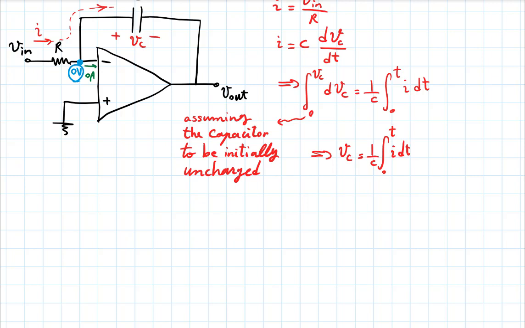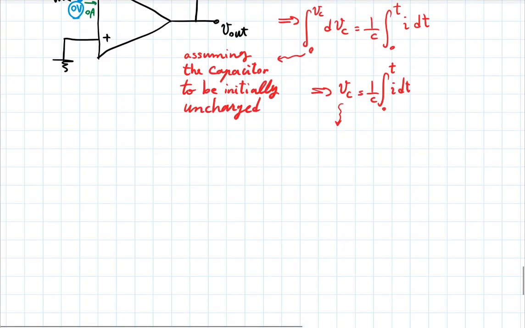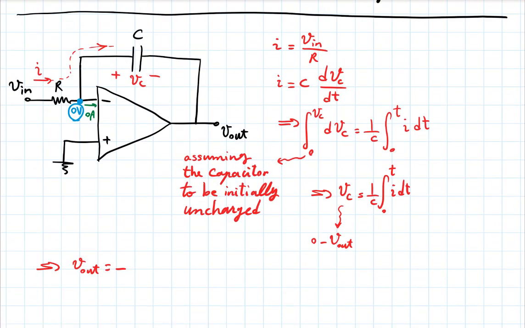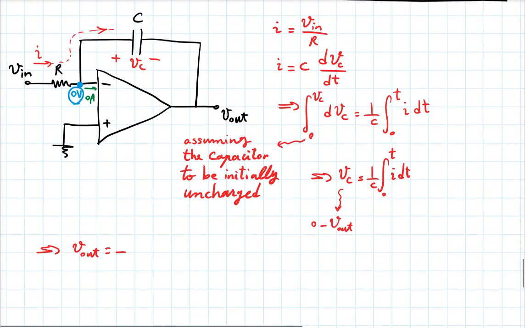And VC is simply 0 minus V out. And instead of I will put V in over R, and so I'll bring R out.